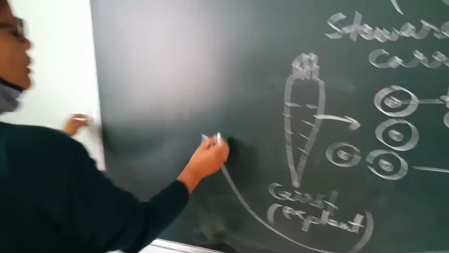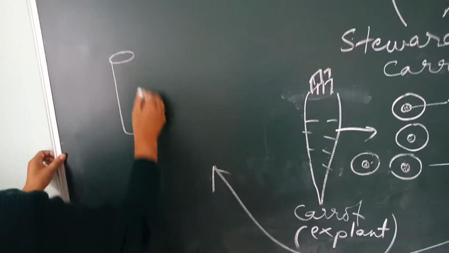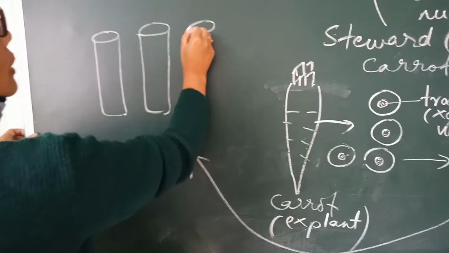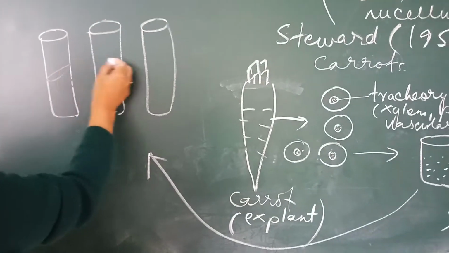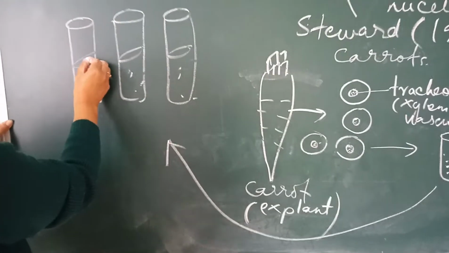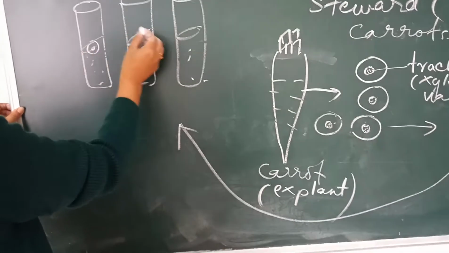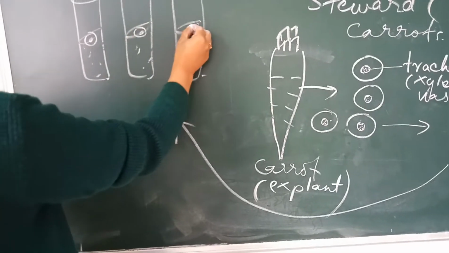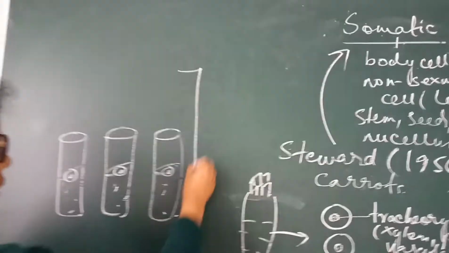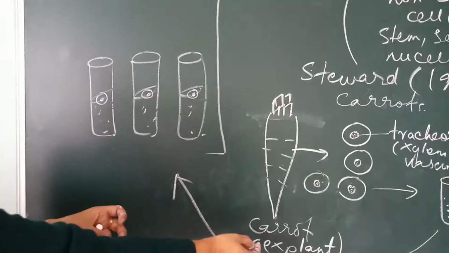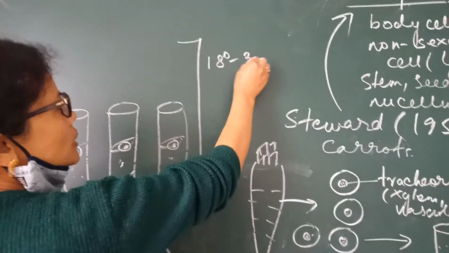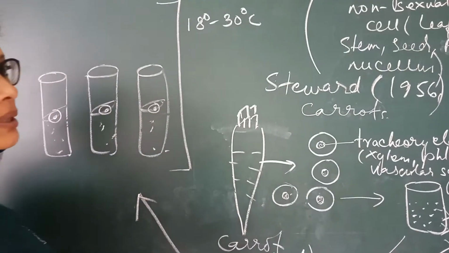Next, what did he do? He poured the media in the test tubes, and then he took the carrot slices and cultured them here in this auxin rich media, and these test tubes were cultured at a temperature of 18 to 30 degrees C. That is the temperature.